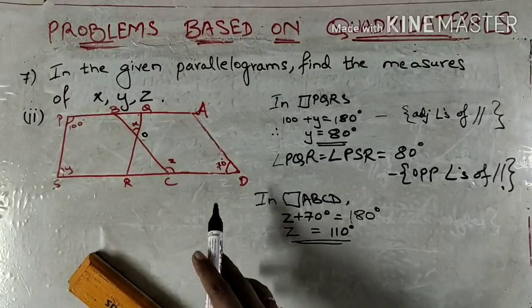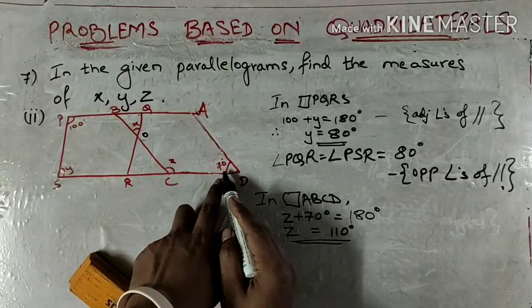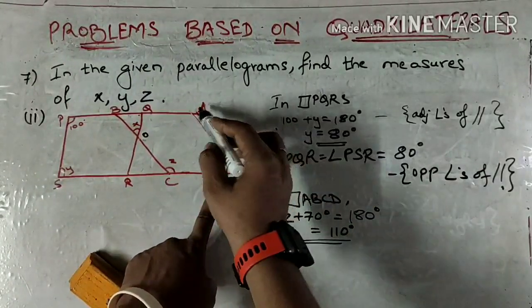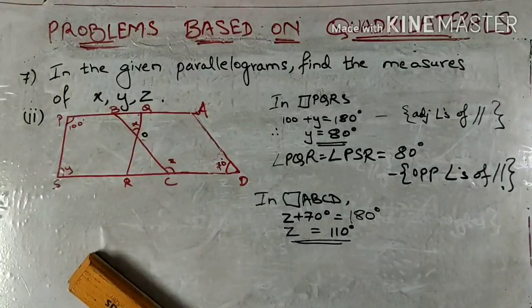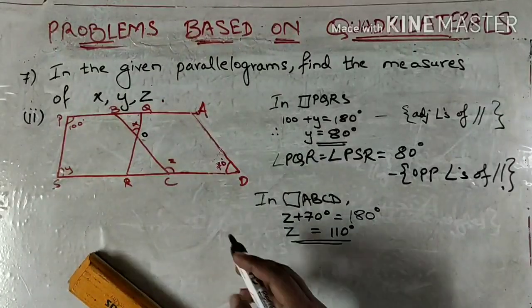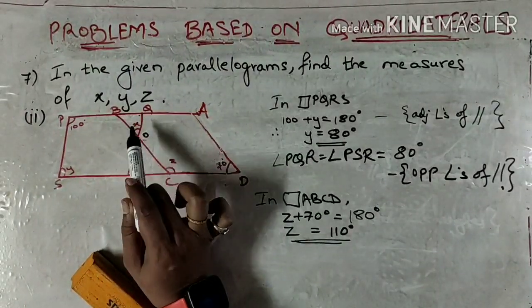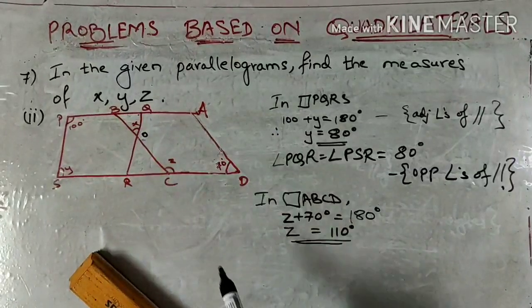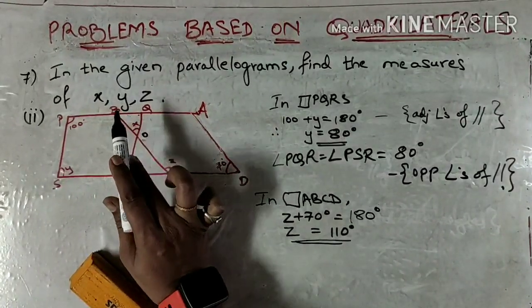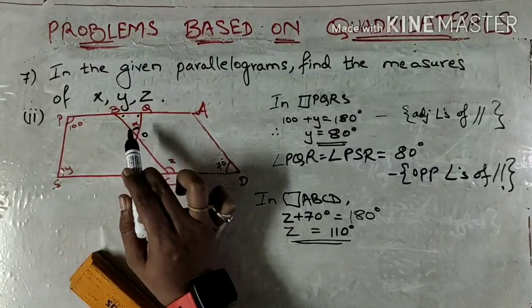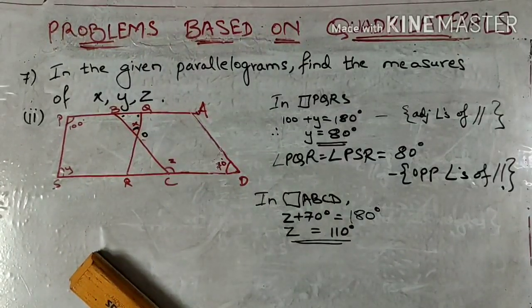Now we see that the angle opposite to 70, ADC, is angle ABC. Now why am I trying to find ABC? Because we see a small triangle over here, OQB, and if we get the angles OBQ and OQB, it will be easy for me to find the value of x by the angle sum property of a triangle.